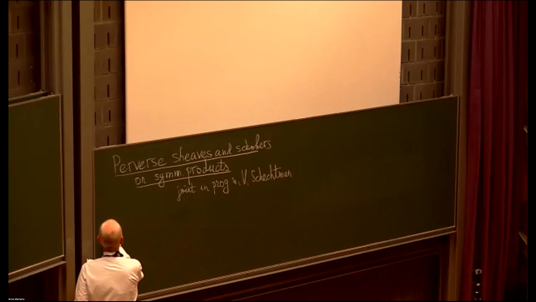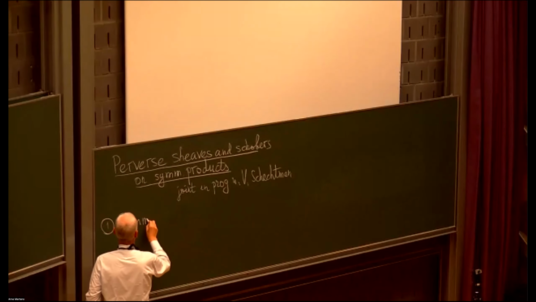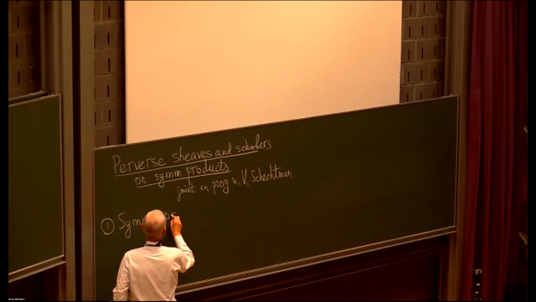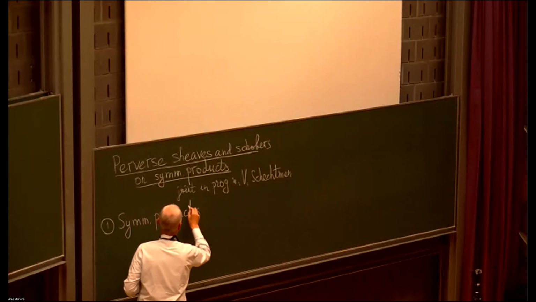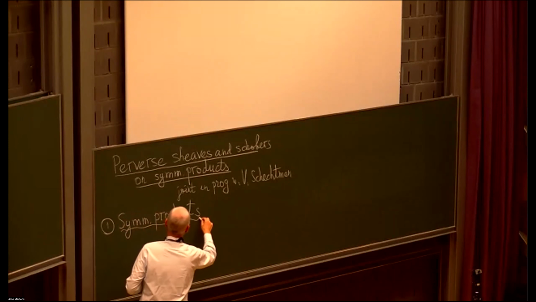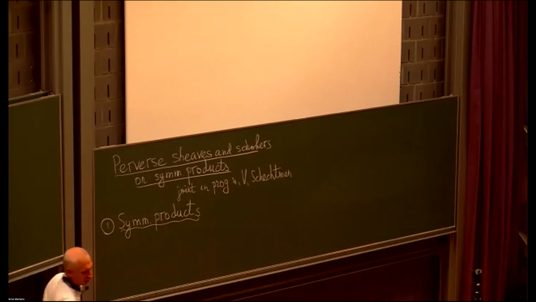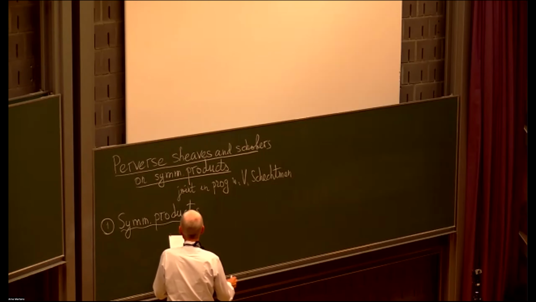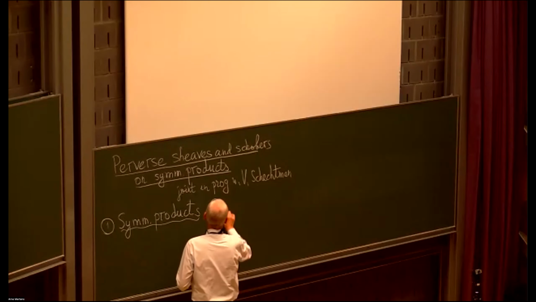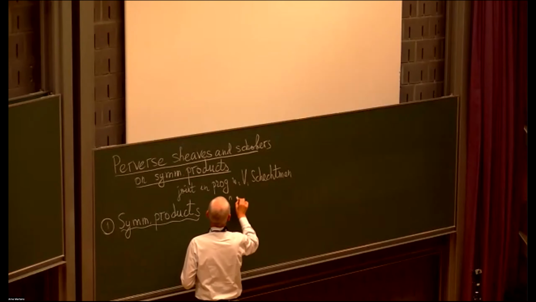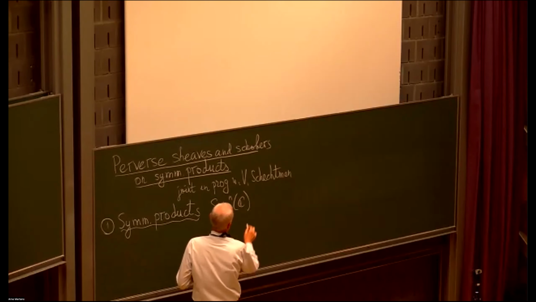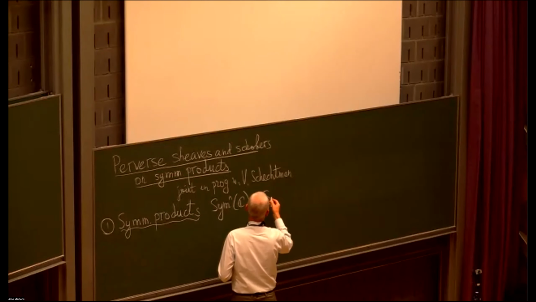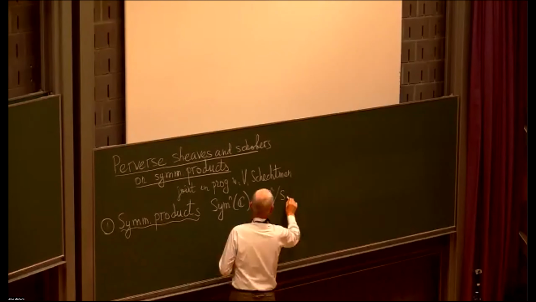So let me start with reminding the context about symmetric products. Those are very simple algebraic varieties. In fact, I will consider only the symmetric product of the complex line, which is simply the quotient of C^n by S_n.